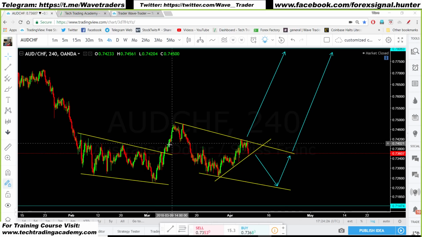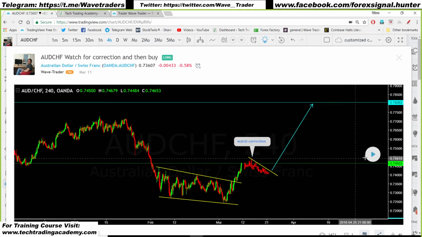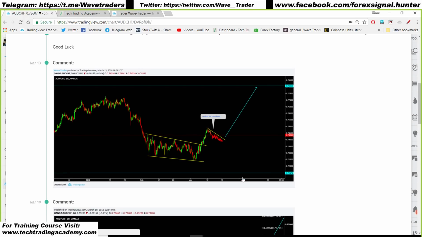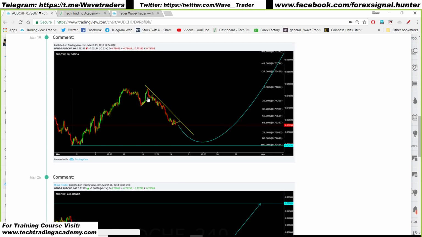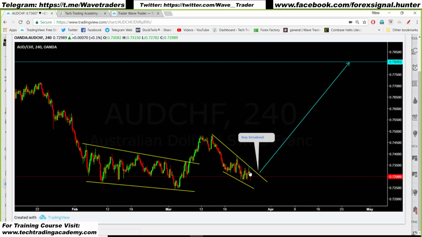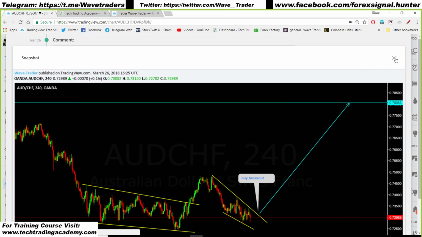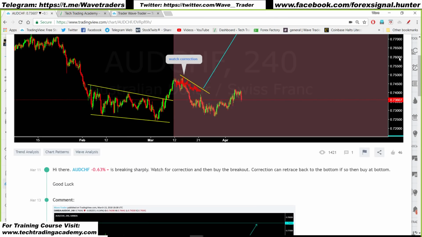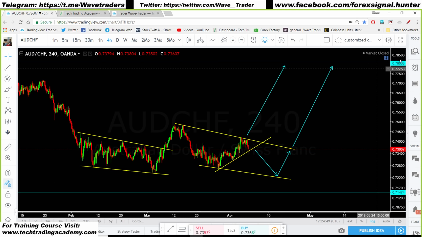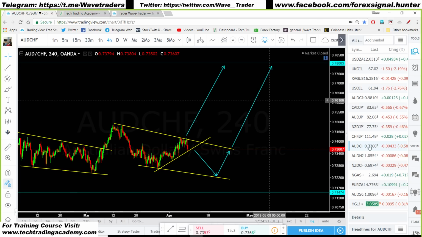The correction appeared over there, slightly bigger. Now watch it to continue. If it is not going to continue and is going to drop, look for a short term sell and then buy back from the bottom again. That is the wave you need to look for upside.